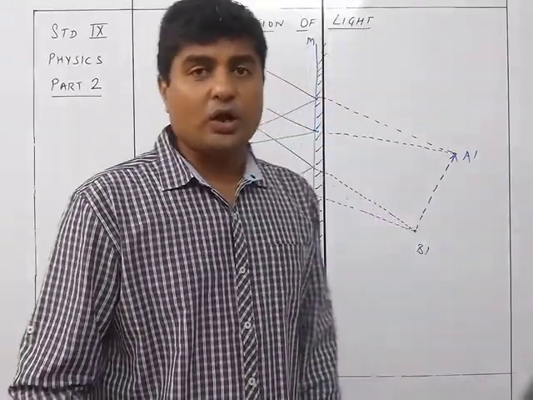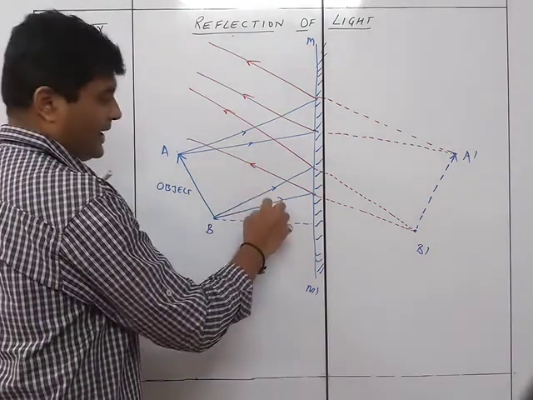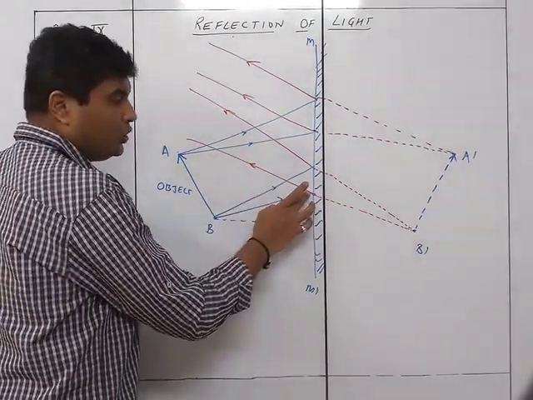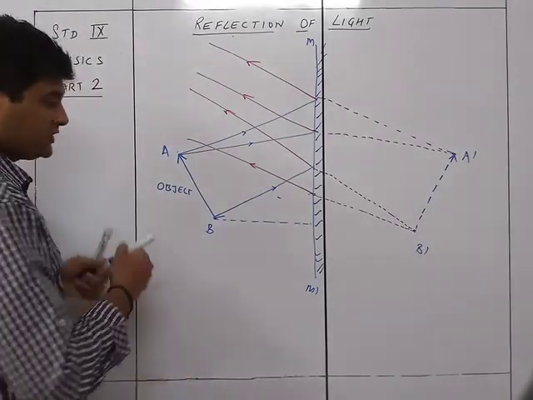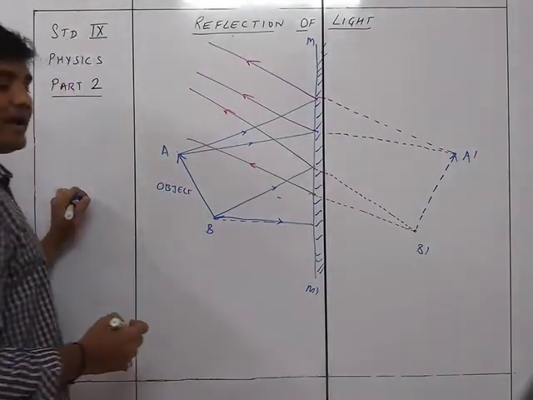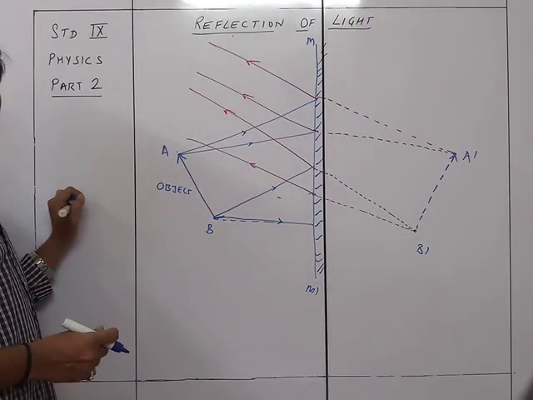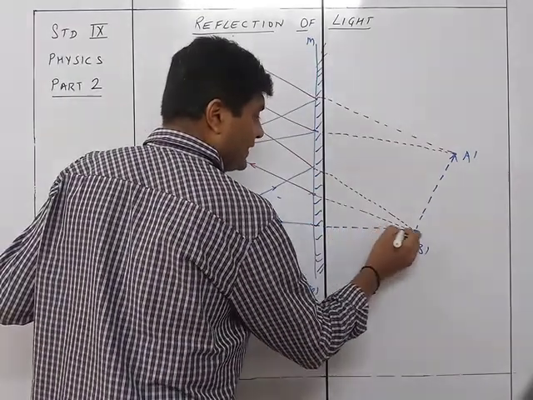The same thing, you can also take one more point. Instead of drawing these two lines, you can take one of the lines to be this. It is possible that you take one line like this. Now you know that when the incident ray and the reflected ray are the same, they will be the same line. So that's why you can take it as a dotted line over here.